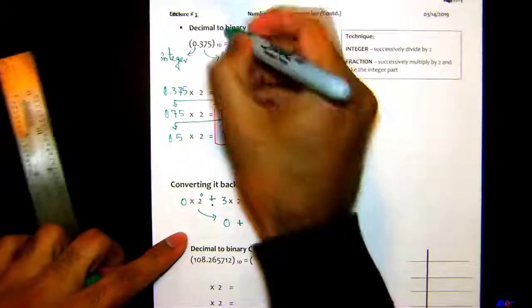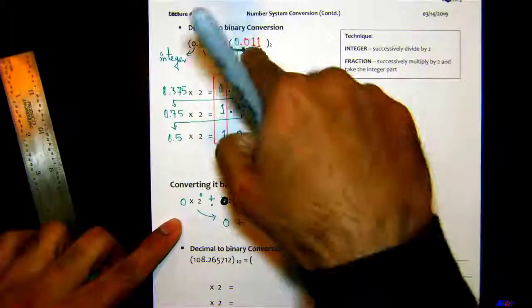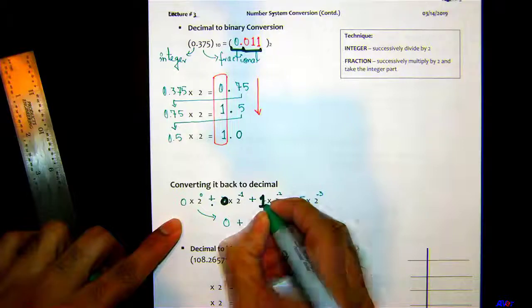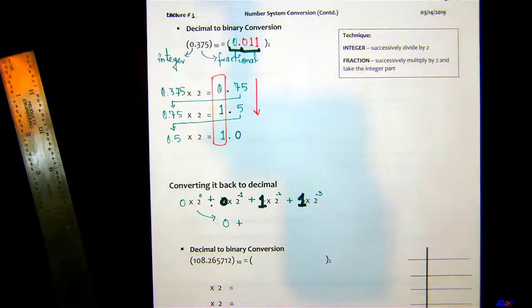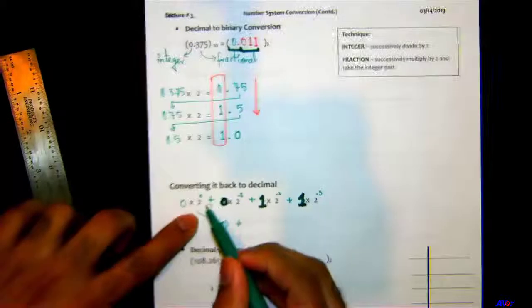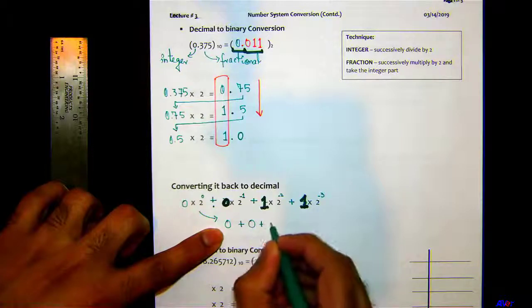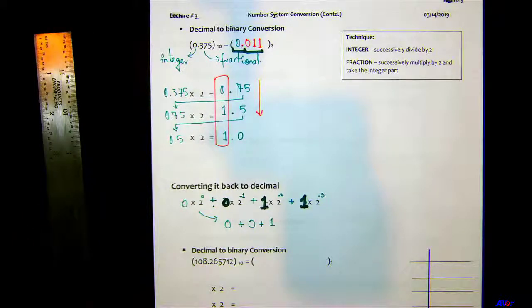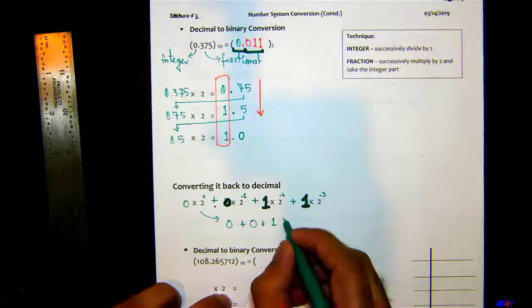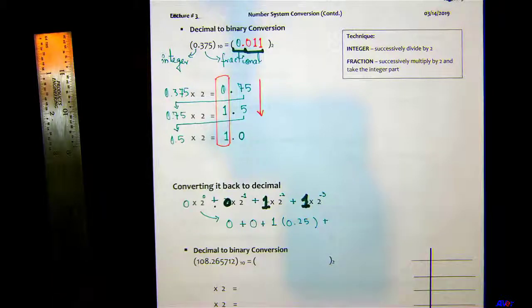Okay, so 0 goes here. This is going to be 0. 1 gets here, and then 1 gets over here as well. Okay, all right. So this 0 times gets you 0. This is also going to be 0, plus 1 times 1 divided by 4 gets you 0.25, plus 1 times 2 to the power of negative 3, which is 1 divided by 8.